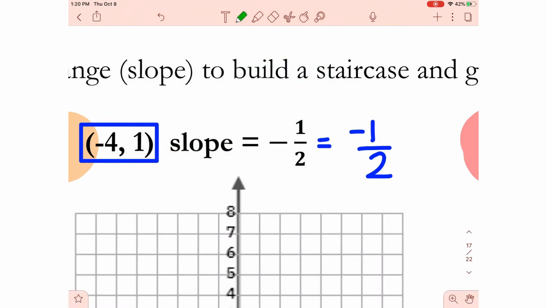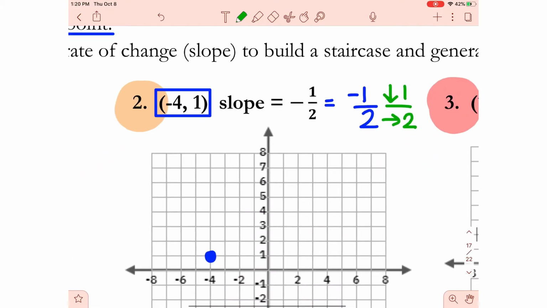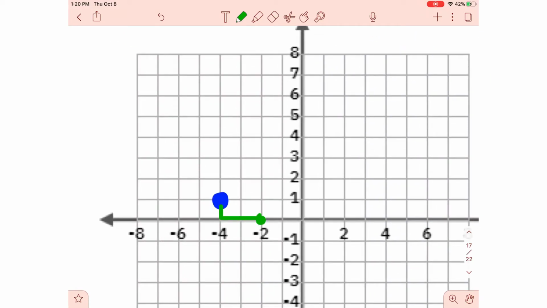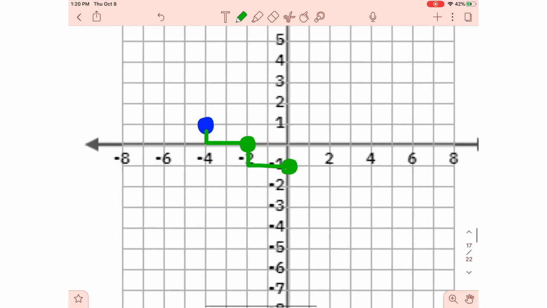A negative on top means going down. So you're actually going to go down 1, but the 2 is still positive, so you're still going to go right 2. So from my point, I'm going to go down 1, right 2, and put a dot. Down 1, right 2, put a dot. Down 1, right 2, another dot.